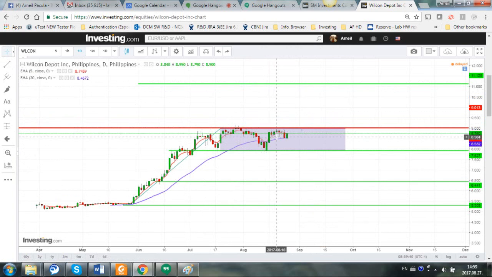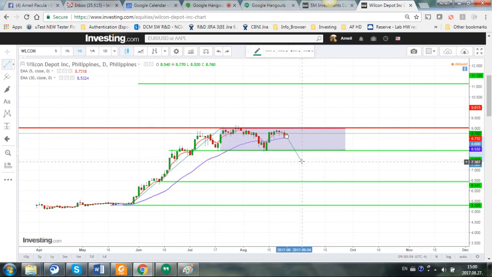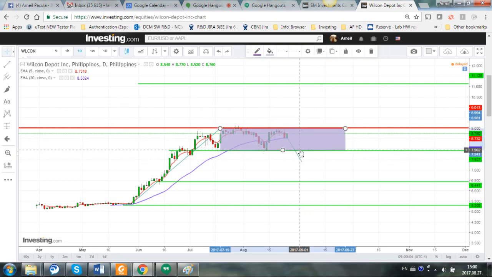So, ano ba ulit yun? If this red candlestick, moving average will cross over the other moving average na longer term or mid term. In that case, that's an indication of reversal. So, meaning to say, the price can go down and break this support line here.